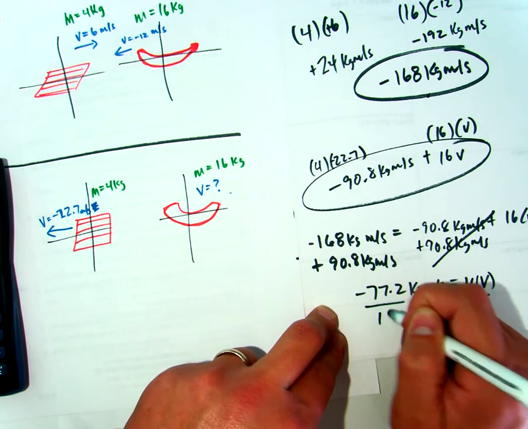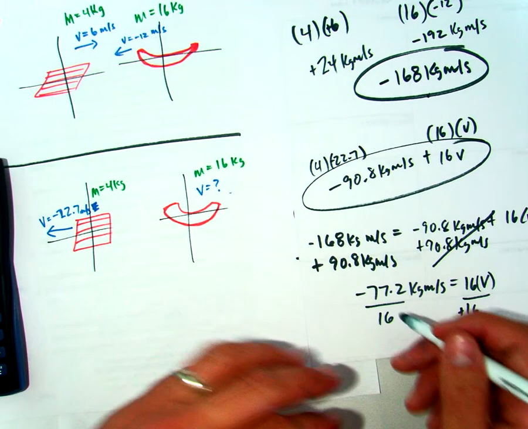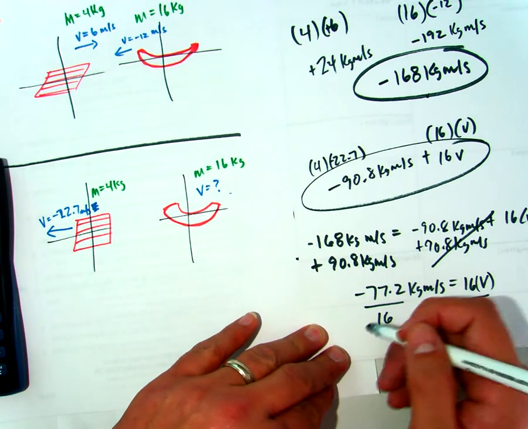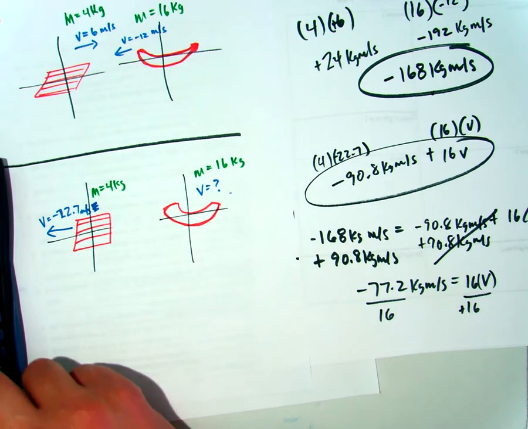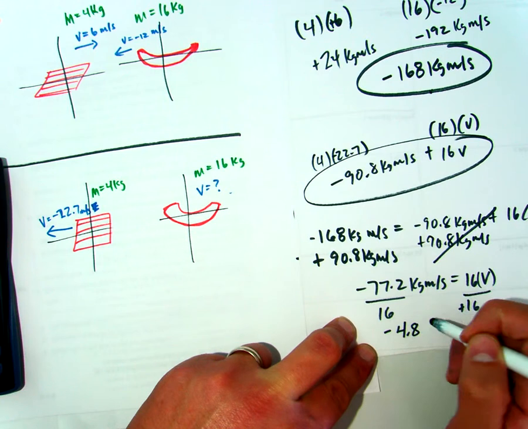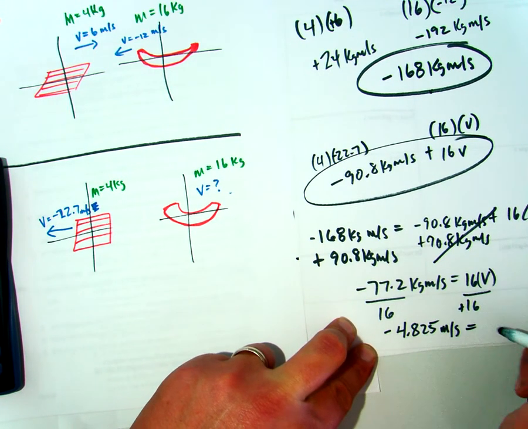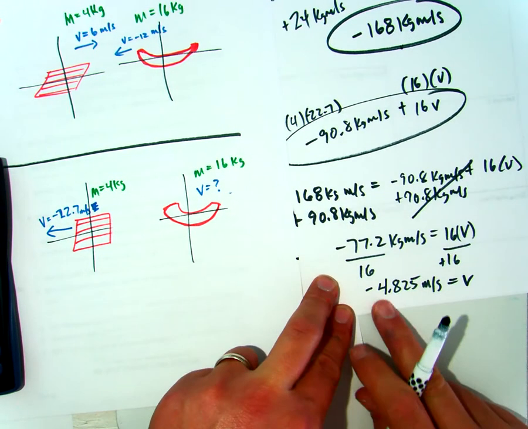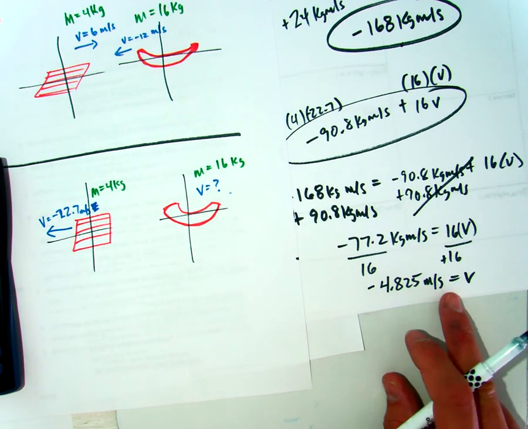Divided by 16 on both sides, that's positive, right? Well, it's a positive, because it's mass is what we're dealing with. So negative 77.2 divided by 16 gives you minus 4.825 meters per second. So that negative 4.825 meters per second is the velocity.